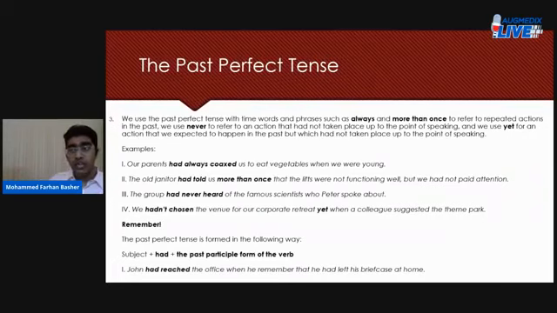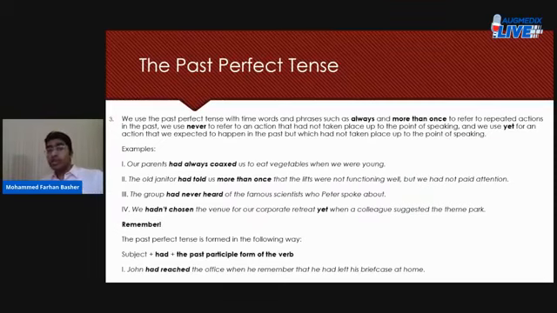All right. So we hadn't chosen the venue for our corporate retreat yet. It's like you're sharing your experience of something with someone, and you're saying that we hadn't chosen the venue for the corporate retreat yet.